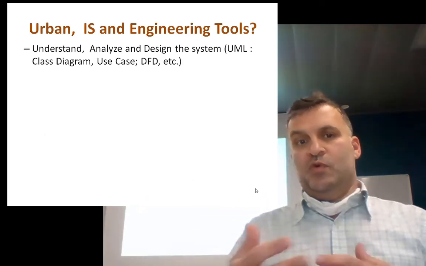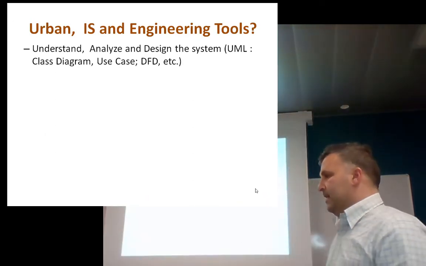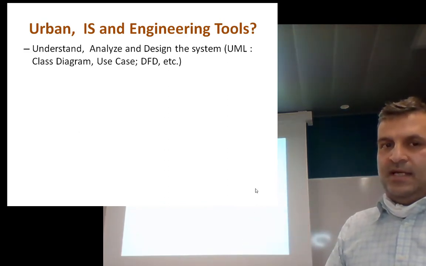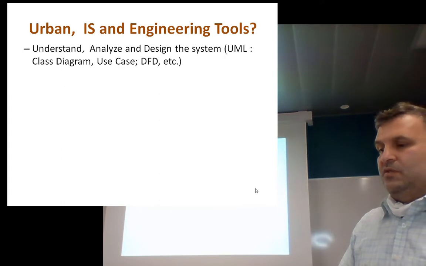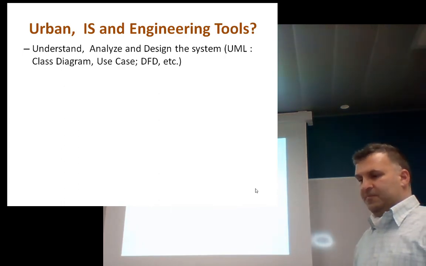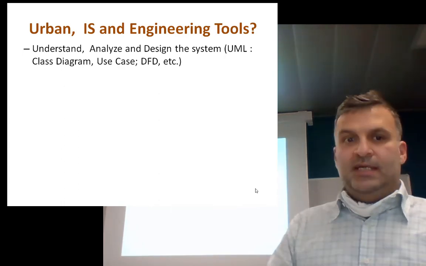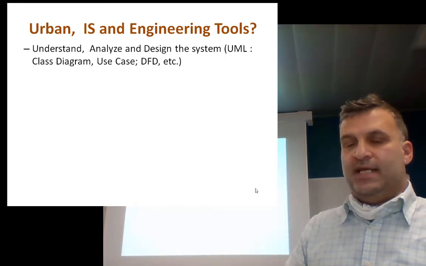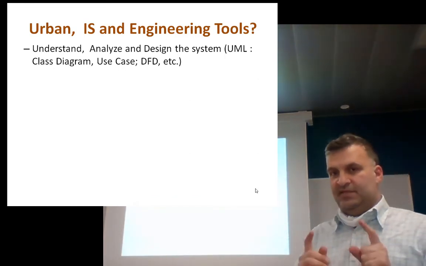What type of tools can we use? There are a lot of tools. One of the important tools in this domain regarding the engineering work is UML, Unified Modeling Language. It is very important.